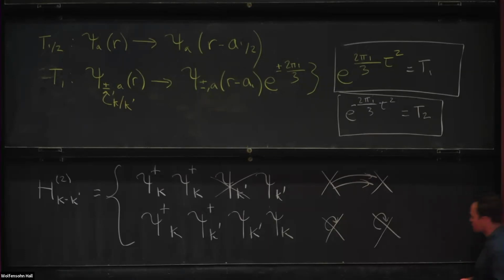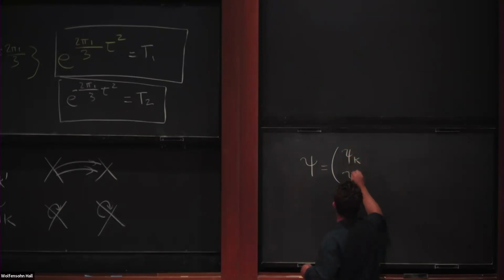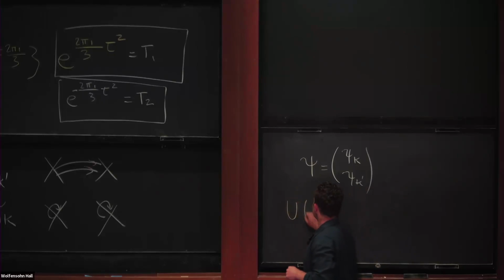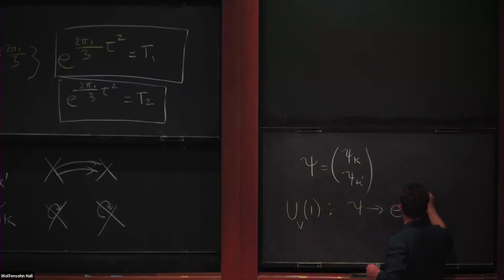So what that means is that there's an emergent symmetry of this sort of Hamiltonian, which is that psi, which I can think of as being this spinor psi K, psi K prime, is going to have a symmetry not just by the discrete T1 and T2, but under a symmetry I'll call U1V, which takes psi to e to the i theta tau z over 2 psi for any parameter theta, corresponding to the emergence of separate conservation in the K and the K prime valley.